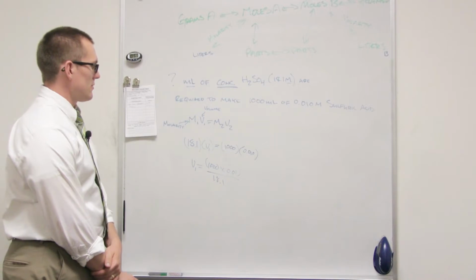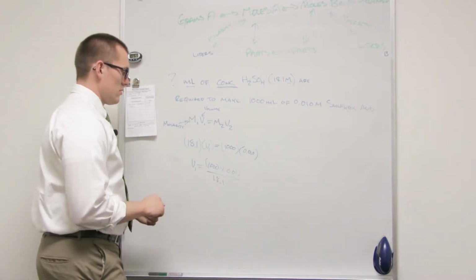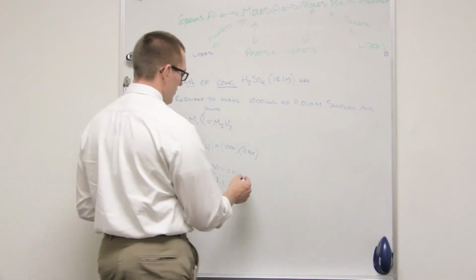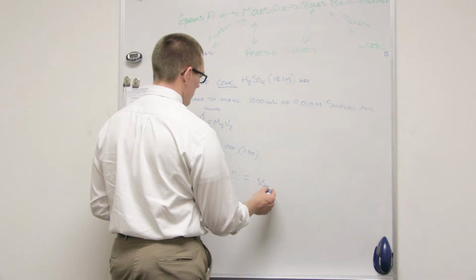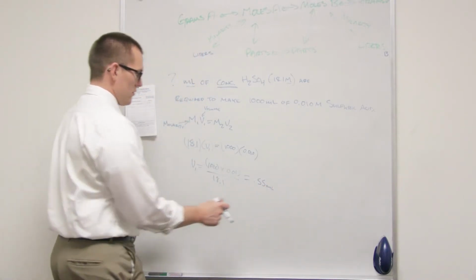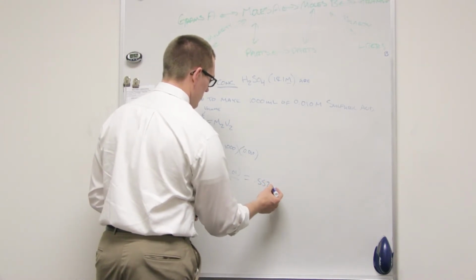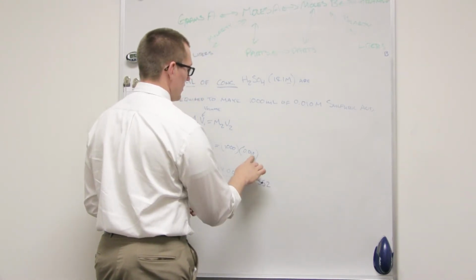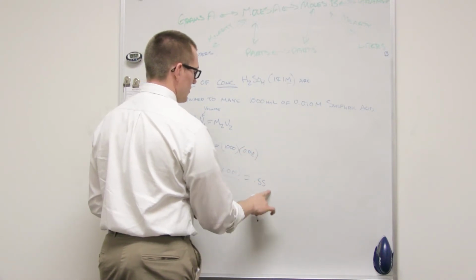I got 0.55. It'd be like 0.552, but with significant figures, would it be 2 because of the 0.010? That only has 2 sig figs, right? Right, so we would just do 2.